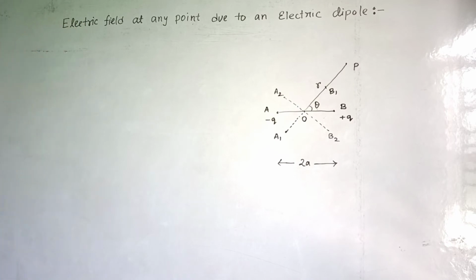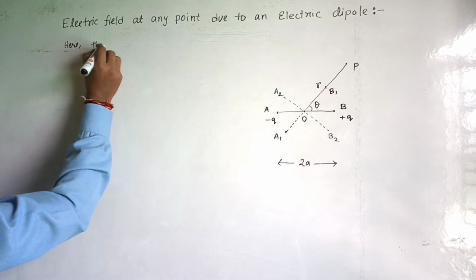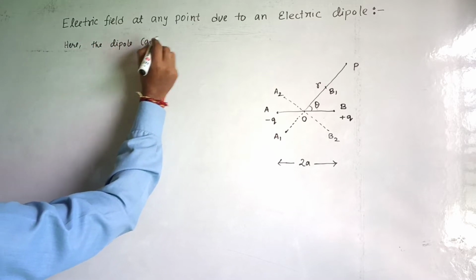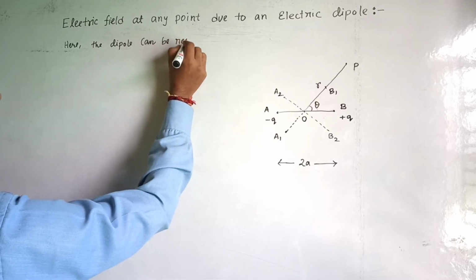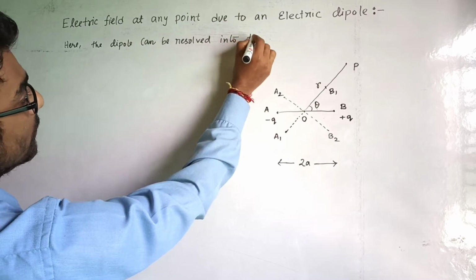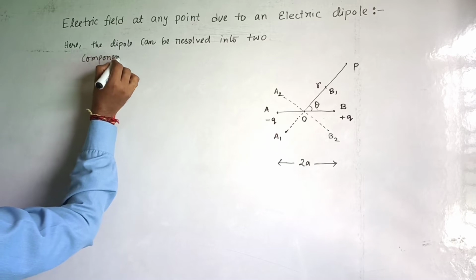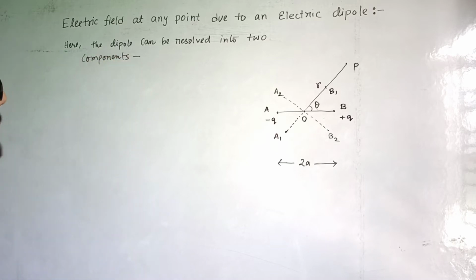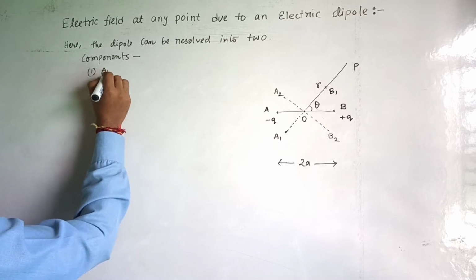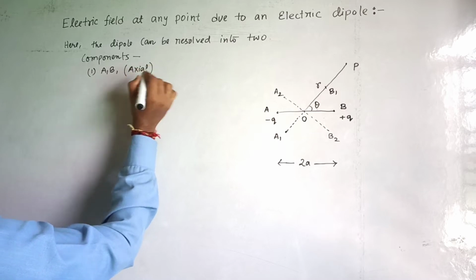Okay. Now here the dipole can be resolved into two components. What are those? The first one is A1, B1, which is in the axial position.